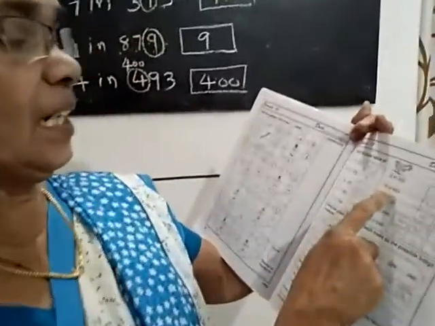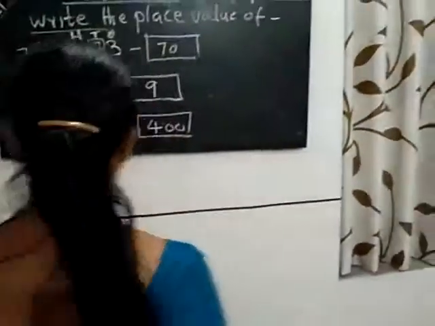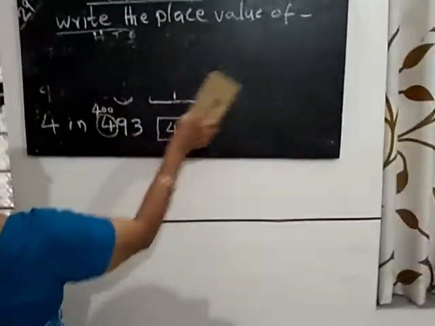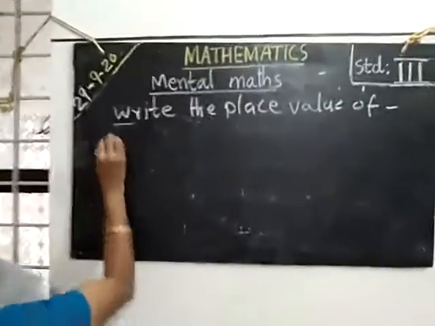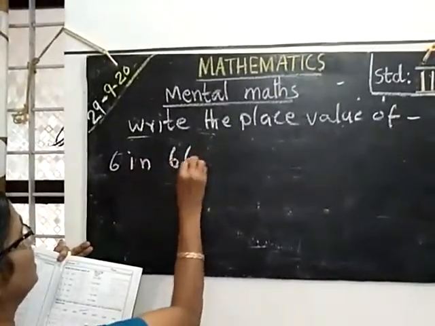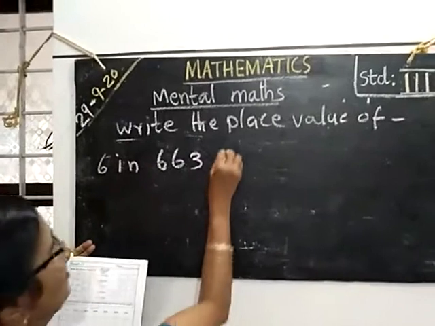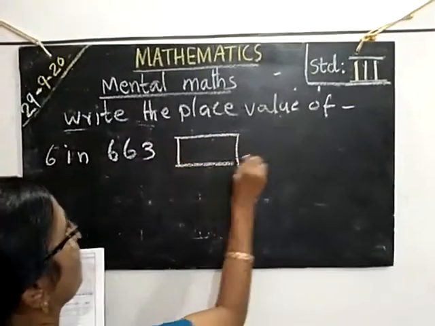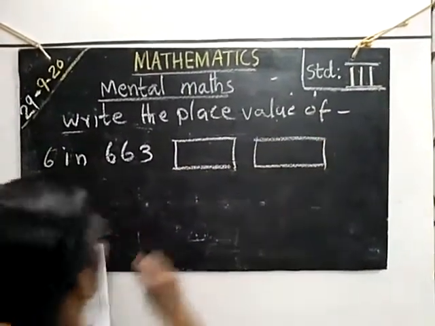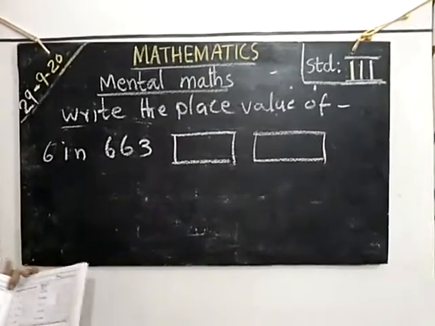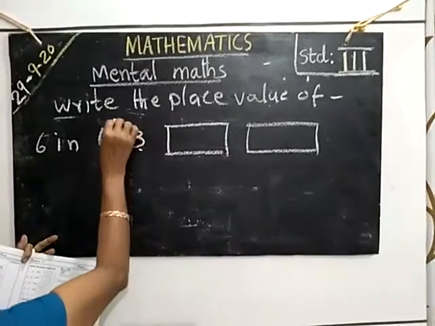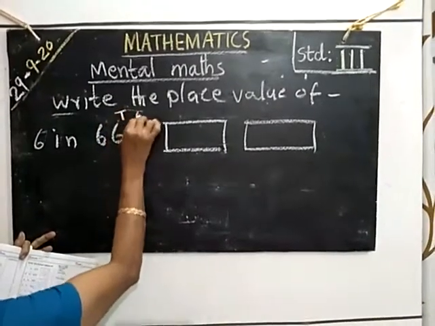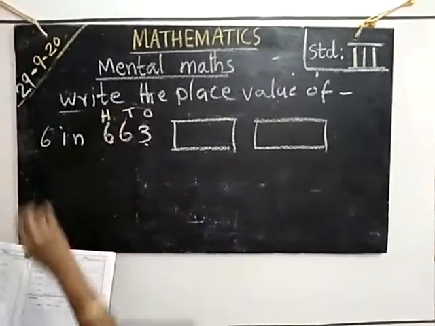6 in 663. Can you tell me? There are two 6s, no? 3 ones, 6 tens and 6 hundreds.